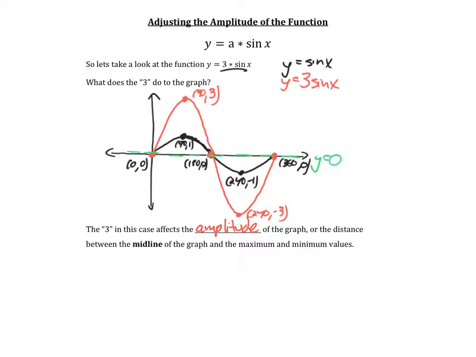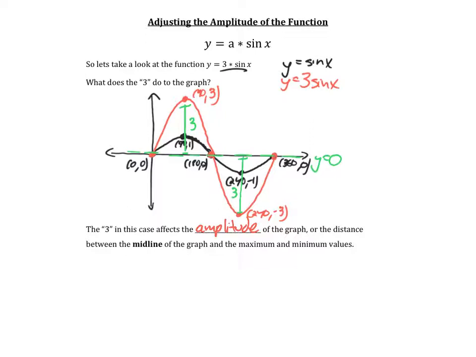What's the distance between the midline and those maxes and min points? Notice that distance is 3, and this distance is also 3, right? So you can think of that number in front, that 3 or the a value, as the distance between the maxes and min points and the midline.